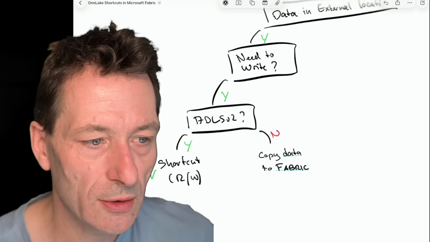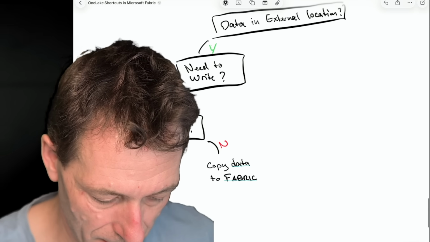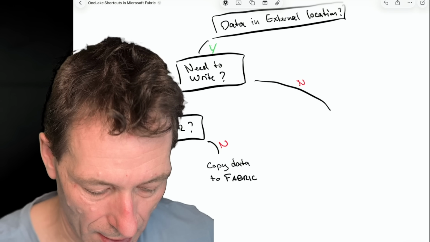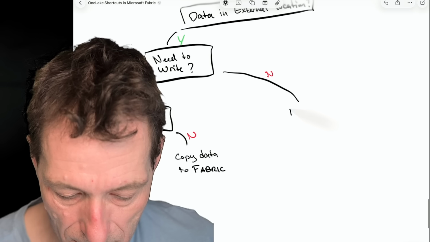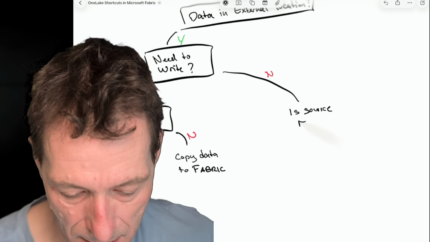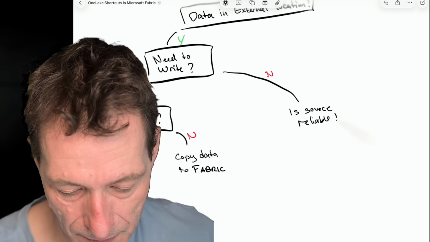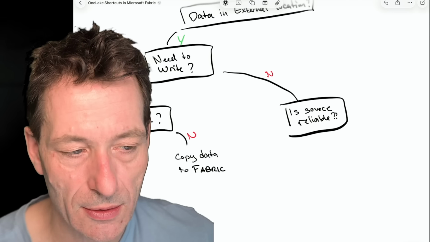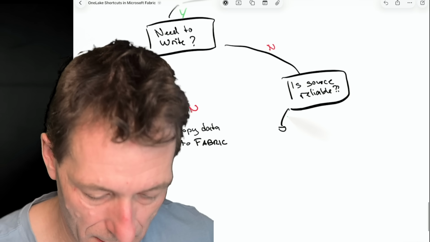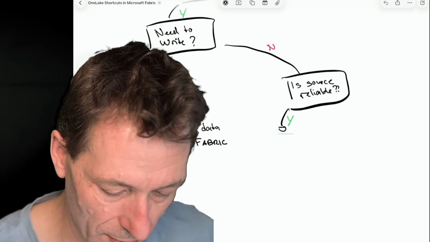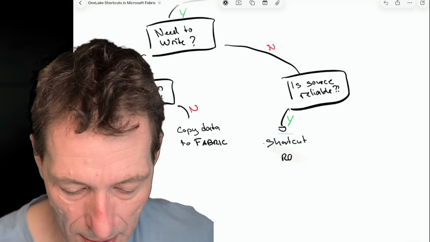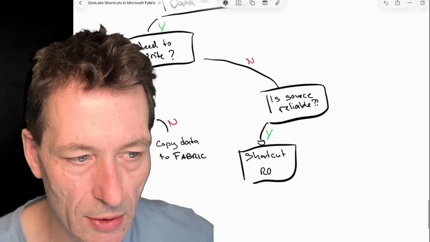If you don't need to write, let's say no need to write, then the next question is: is your source reliable? Can you access it in a reliable way? If yes, then you can go with a shortcut. This is then read-only, but it's fine because you don't need to write.